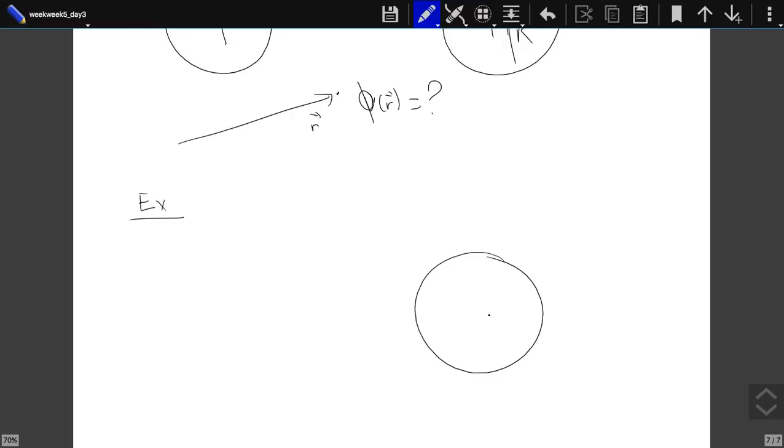We have a solid sphere that contains a total charge minus q, and we put some plus q over here. So how do we solve this problem? The distance is d, the radius is r.